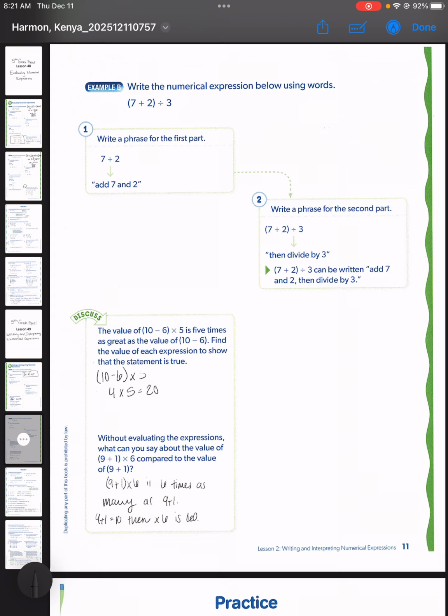That's exactly what we write. I am adding 7 and 2 and then dividing by 3. That is how I write the numerical expression using words. I can use that same strategy as we jump into the discussion question to find the value of expressions.